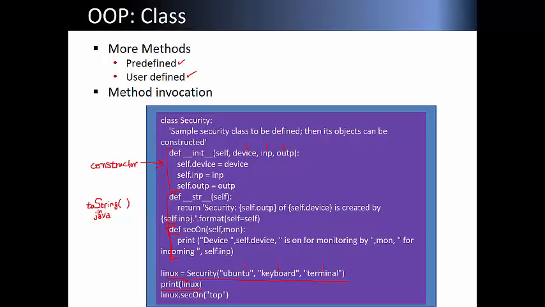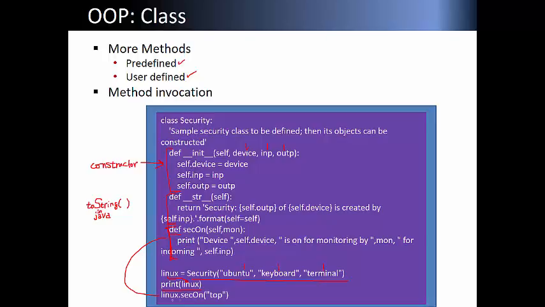Self comes always first. Comma, month, and close parenthesis, and then colon. After that, the implementation of the method. Implementation in this case is only the print statements. That is called in this way.